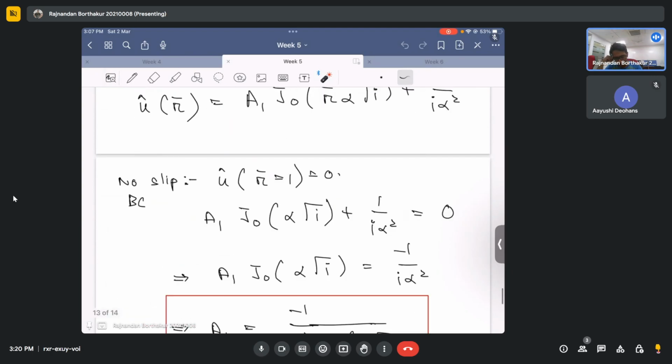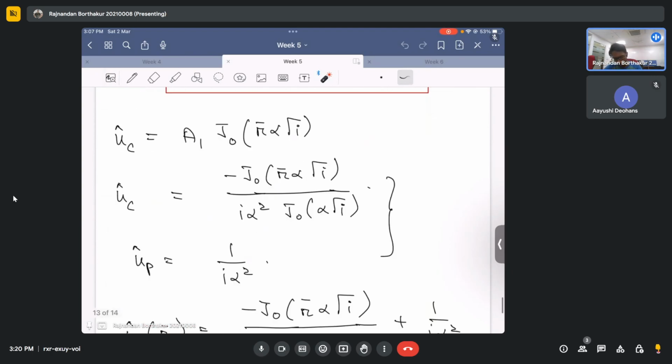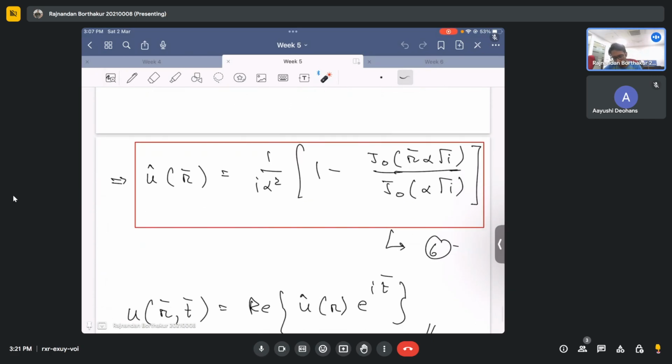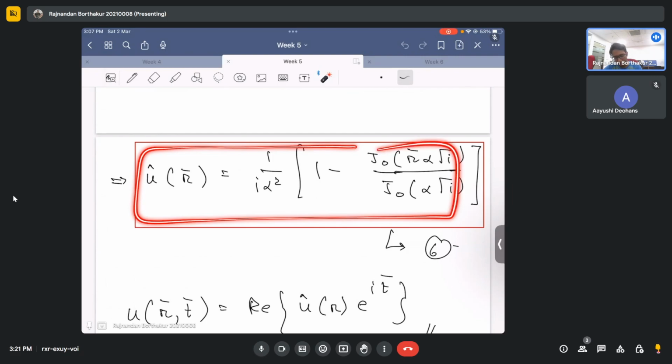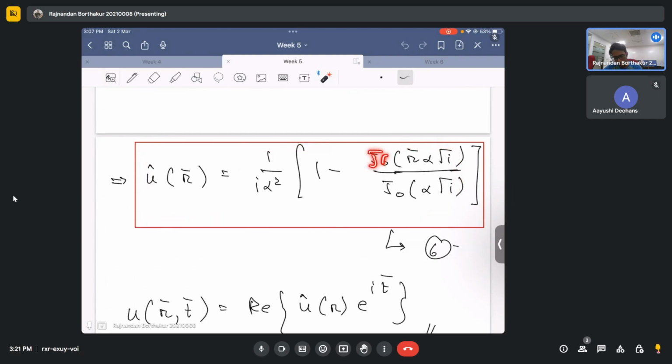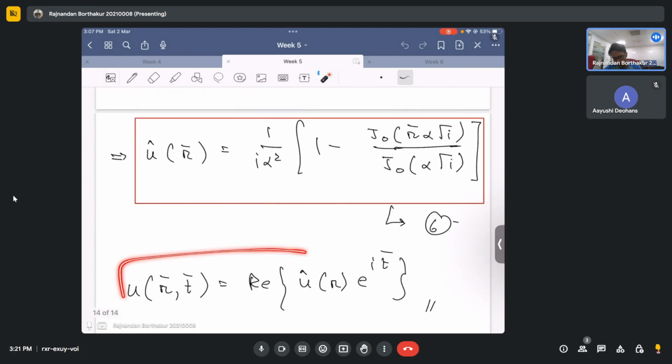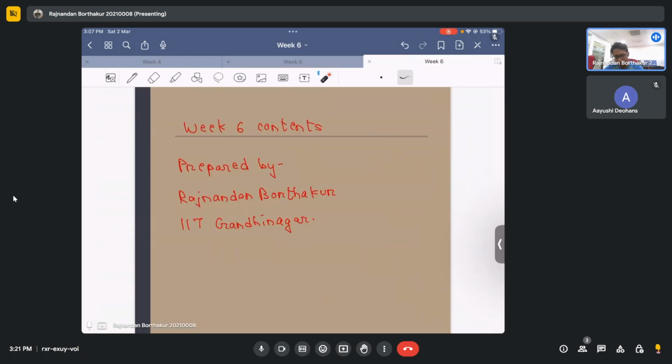So this was the idea of how we solve the problem. Finally, we found out what would be the u hat of r, which was in terms of this Bessel function of the first kind. And keeping in mind that our entire solution is just the real part of u hat of r times e power i t bar, we got how the complete velocity field would look. So this was something that we did last week.